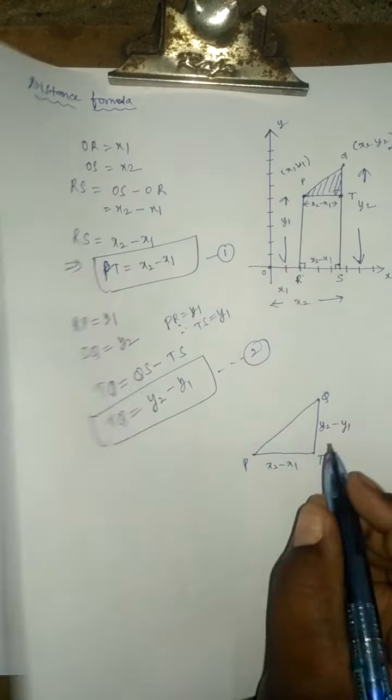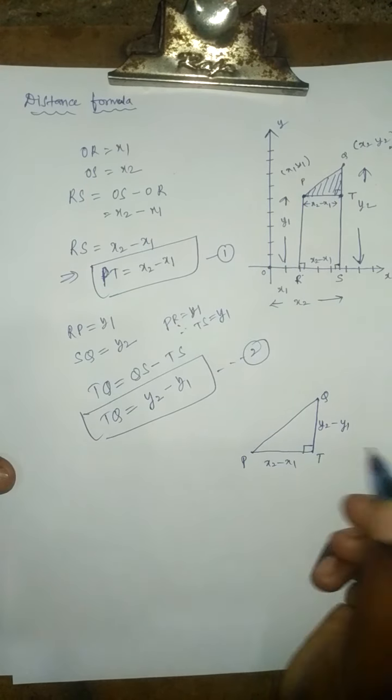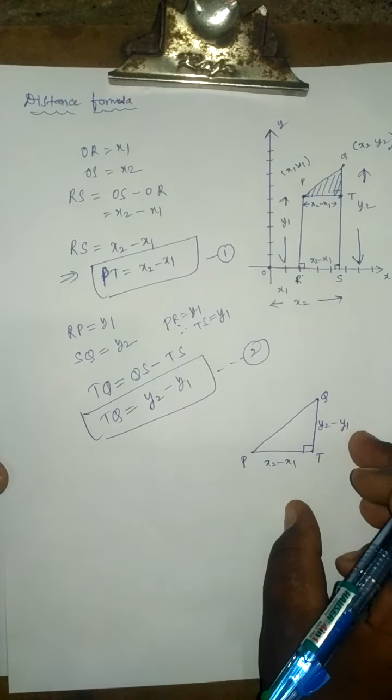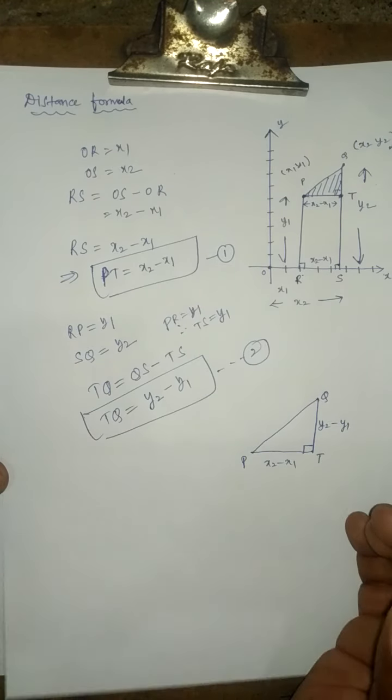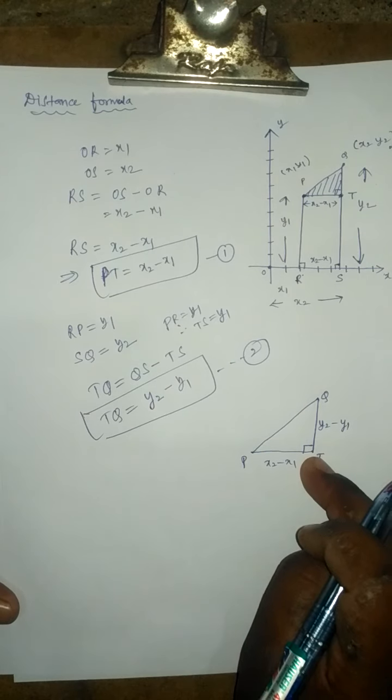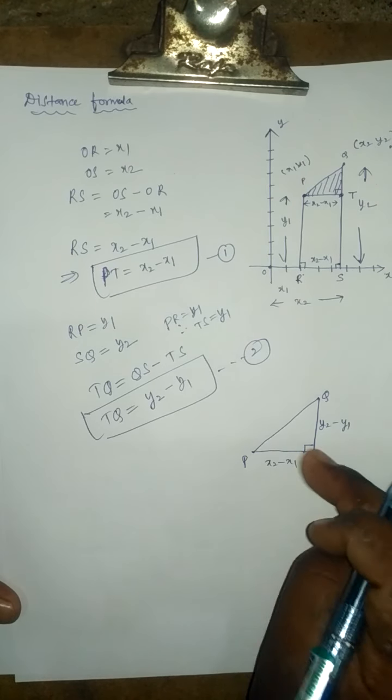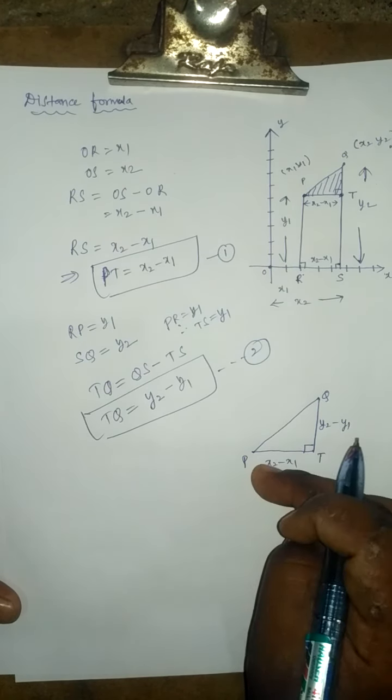This is a right angle triangle. So when two sides are given in a right angle triangle, by using Pythagoras theorem we can find out the third side.